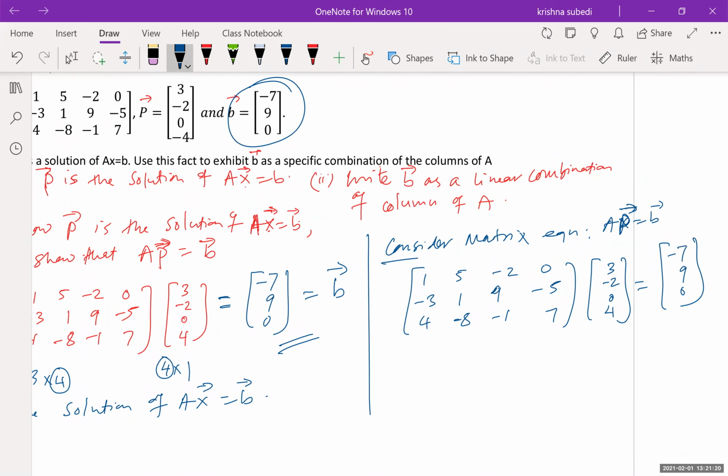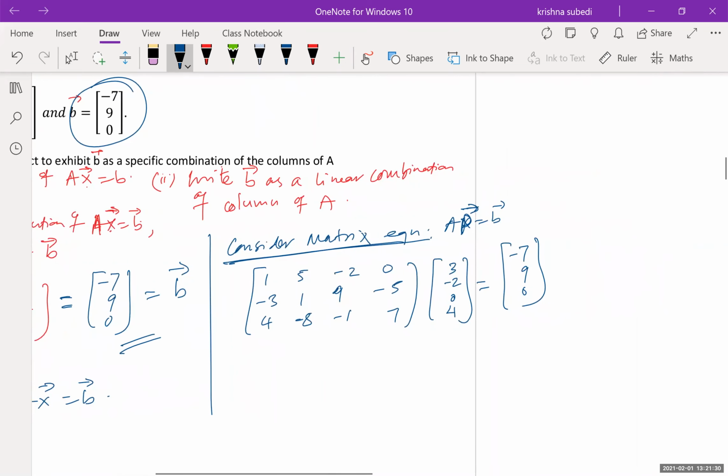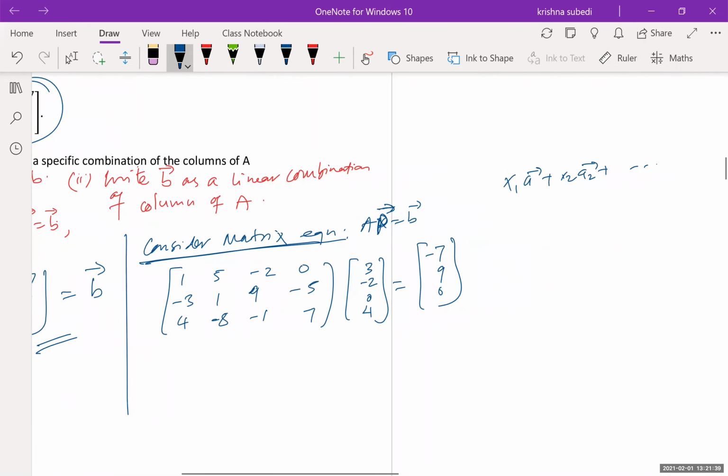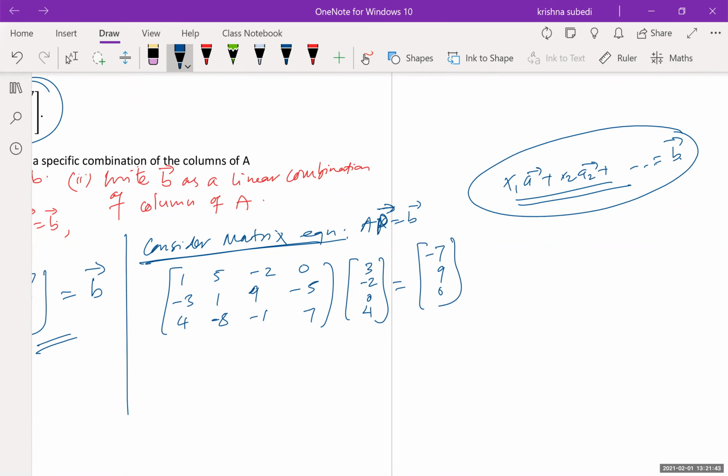Now this is a matrix equation. Now we want to write this as a vector equation. That is what the linear combination is. Because a vector equation means, suppose, x1 a1 plus x2 a2 plus and so on. B is the linear combination of these, and this form is the vector equation form.